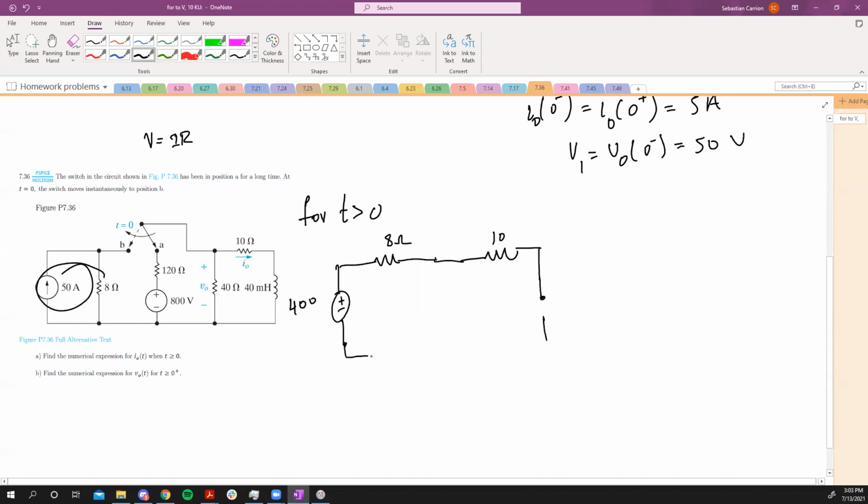And then we're going to find the voltage across this inductor. Essentially, the reason why we want to find the voltage across this inductor is because it will help us find the current at time infinity across this component.